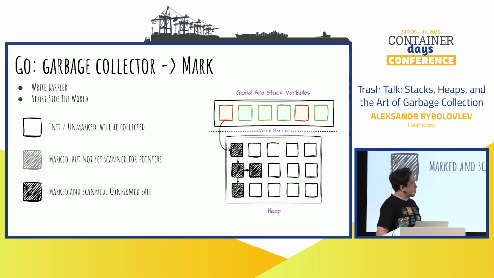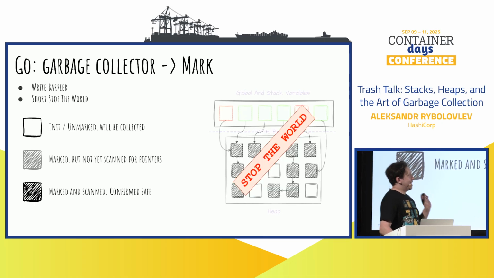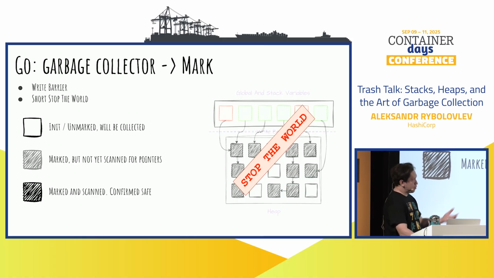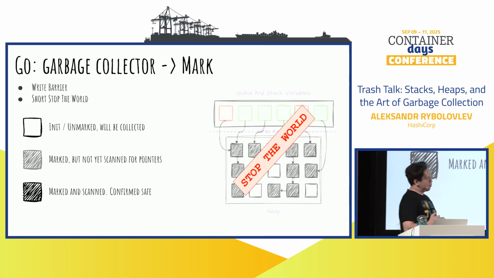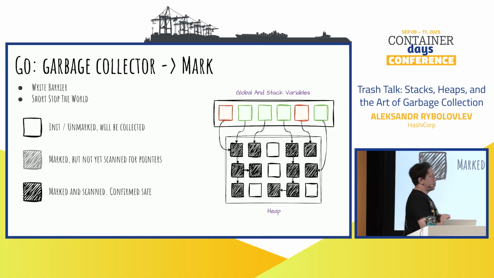What will happen next? Go will mark all the objects, and then it will temporarily stop the world, not the world, but the Go runtime. So basically, all Go routines that are executing at the moment will stop completely. Go will remove the write barrier and complete the mark phase, and after that, this is how your heap will look.